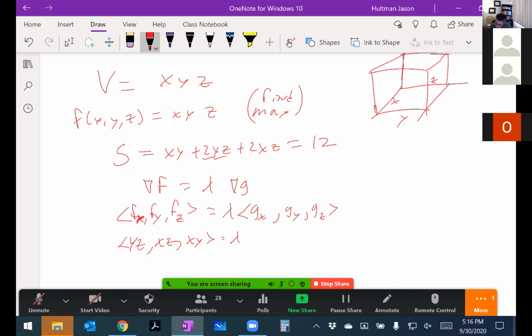So if I take the derivative of the first one with respect to x, that's y. If I take the third one with respect to x, that's 2z.